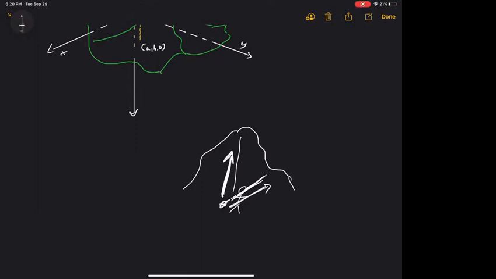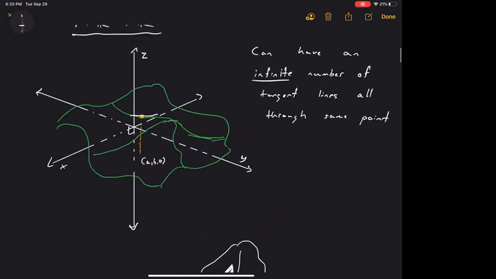I'm starting at the same point, and I have this vertical direction that's really steep, and then I have some other directions that are not quite as steep. And I can think of all of those as slopes of tangent lines. That steepness is my slope, right? How steep it is, okay? So maybe it seems a bit more intuitive now that we can have a bunch of different slopes at that same point, okay?